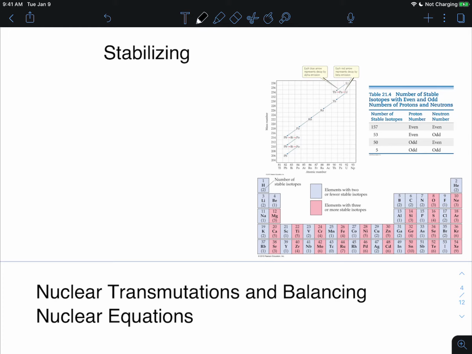And I'm just going to real quick go over some generally stable nuclei. So we have what are called magic numbers, and these are numbers of protons or neutrons that are considered highly stable nuclides.